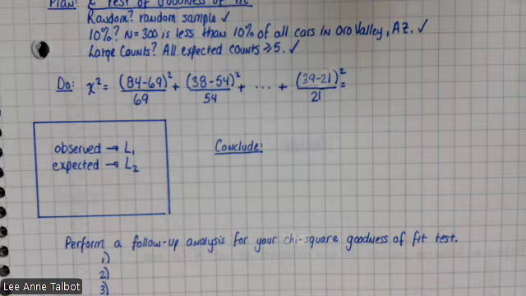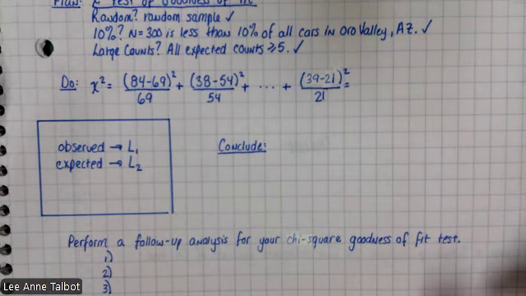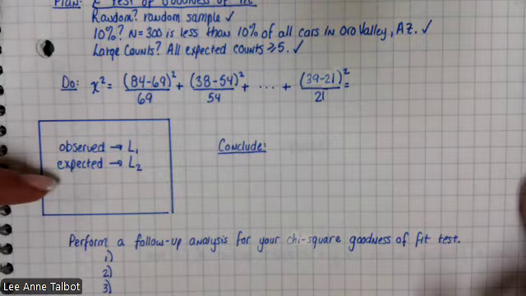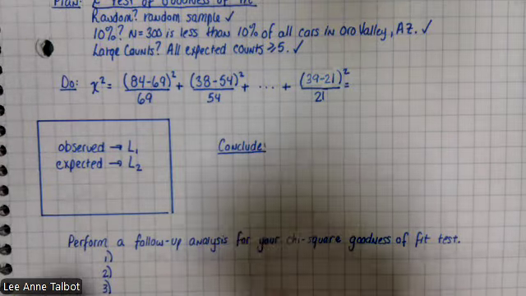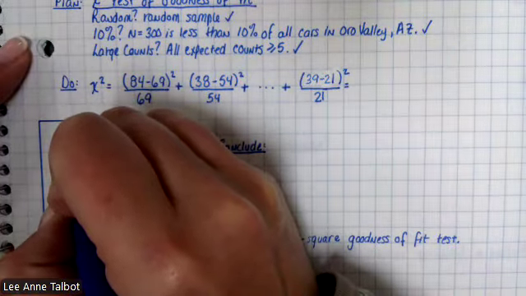Trying to make them remember in a funny way. So when you see observed, that's the one that you got from your sample, that you actually saw, not theoretical. The expected is the theoretical one that you calculated. Does that make sense to everybody? So sample, theoretical.